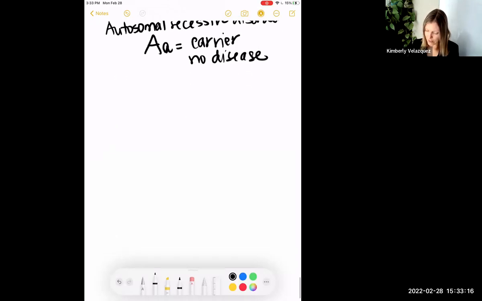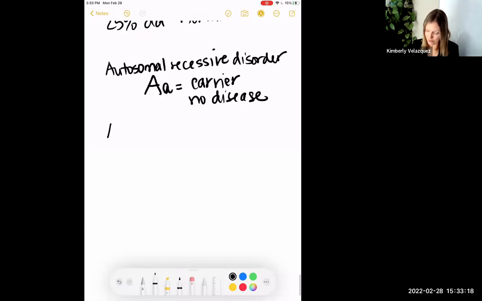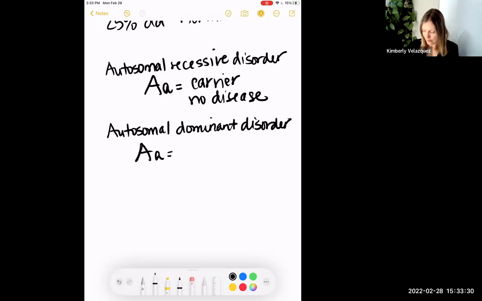In autosomal dominant, that's not the case. In an autosomal dominant, the disease is dominant over normal. So in an autosomal dominant disorder, big A, little a has the disease or disorder. So again, looking at the heterozygous individual is going to be significant to know what pattern of inheritance you're looking at.